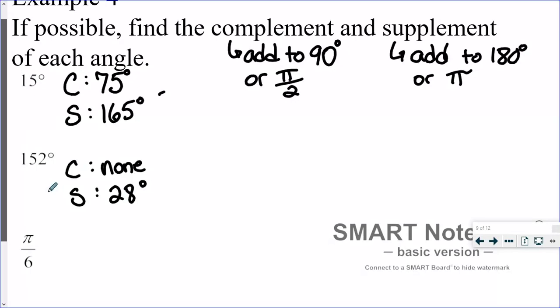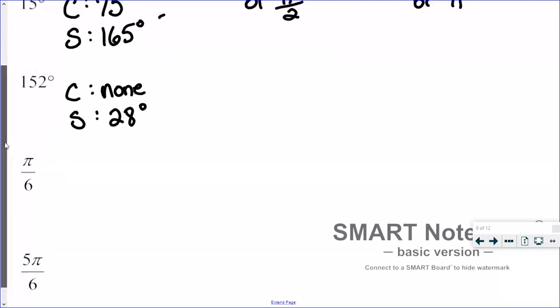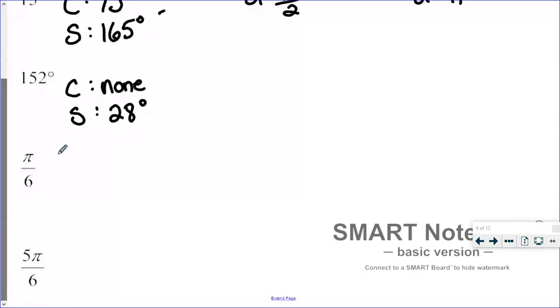With radians, in terms of pi, it's not always quite as cut and dry. So instead of doing 90 minus this, since we're in radians, we're going to be doing pi over 2 minus this.